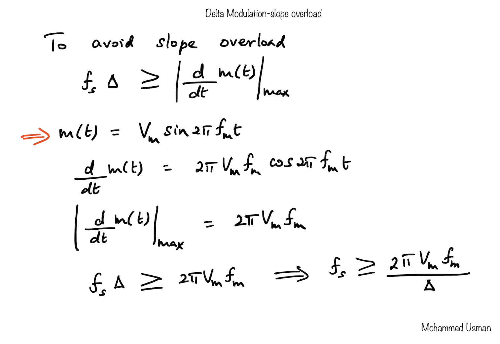So we'll compare this now with the similar condition that we derived for differential pulse code modulation and see which of the two requires a higher sampling frequency or higher sampling rate to avoid slope overload. So let's recall.